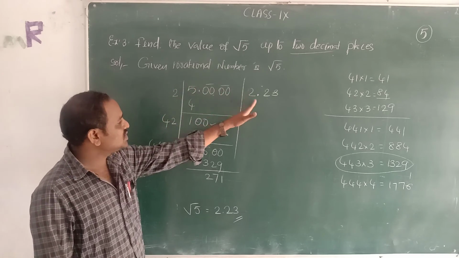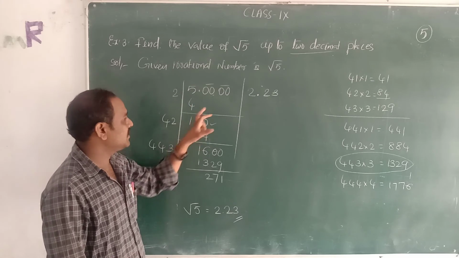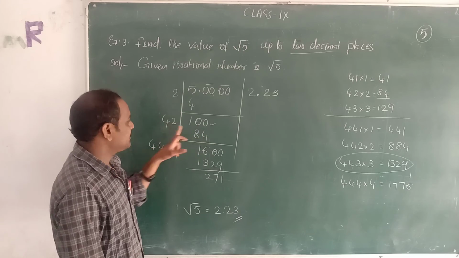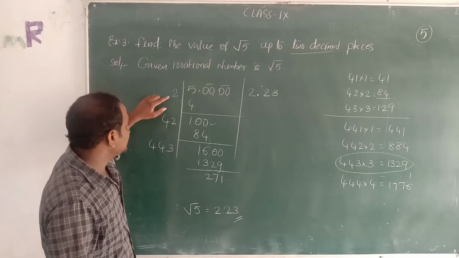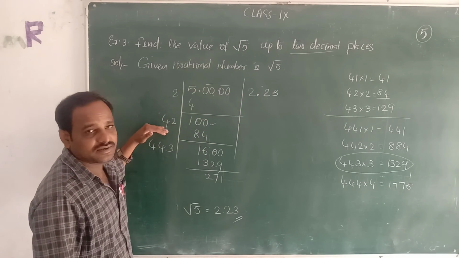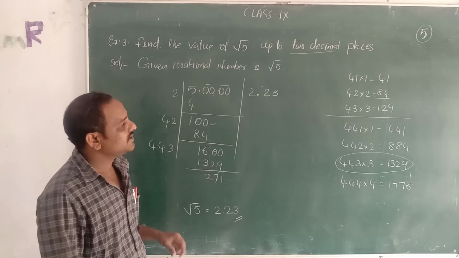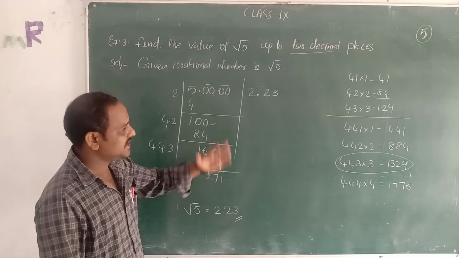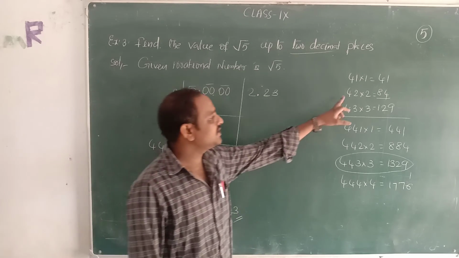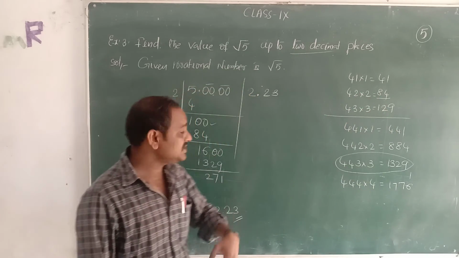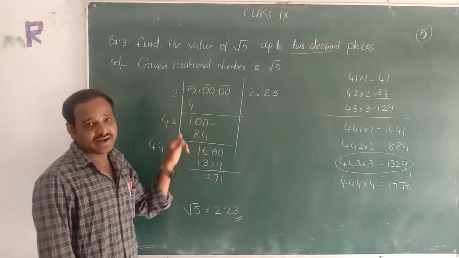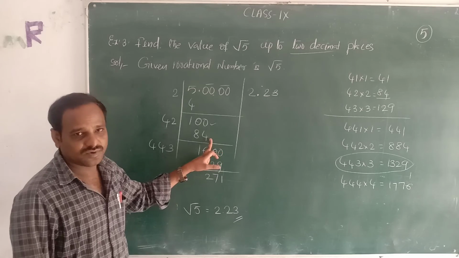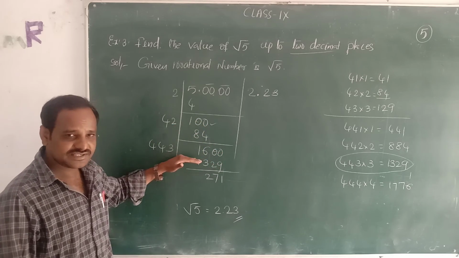So 2 twos are 4, remainder 1. By taking the point here, I took one pair of zeros, okay? Now here 2 plus 2, 4. Now 41 1 times 41, 42 2 times 84, 43 3 times 129. I checked that 42 2 times 84 is less than and closest to 100. So I took 42 2 times as 84. By doing subtraction, I got 16.